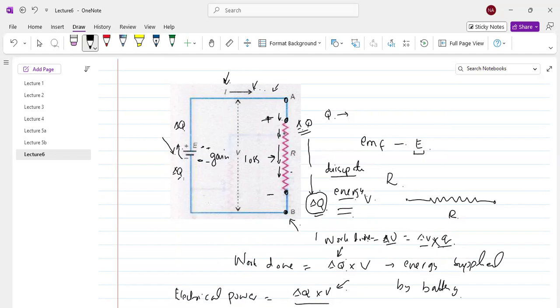When these charges arrive at point B, which is directly connected to the negative terminal of the battery, this means that they have lost the energy.